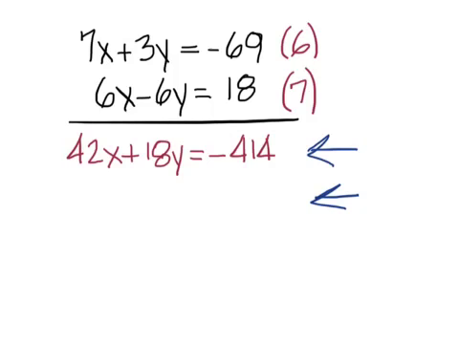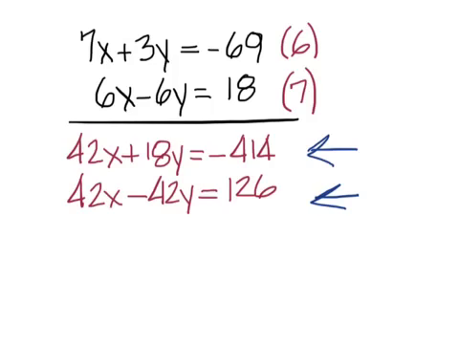What's the second equation going to be now, Carpenter? 42x plus 126y. Close. No. I was looking at the 18y. Baldridge. 42x minus 42y equals 126. He's right. 42x minus 42y equals 126.